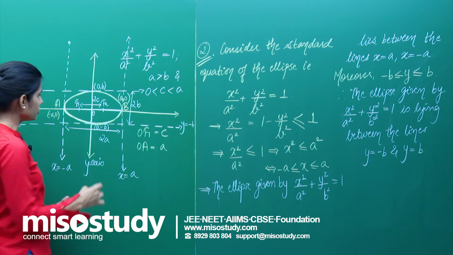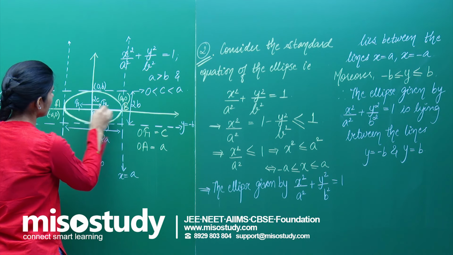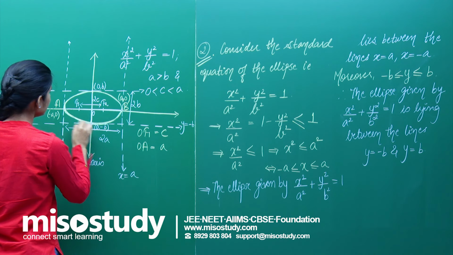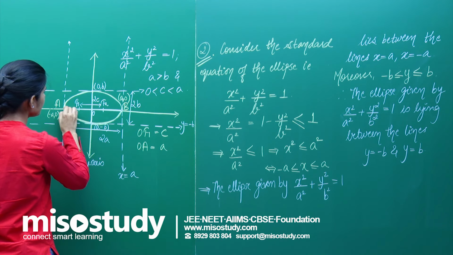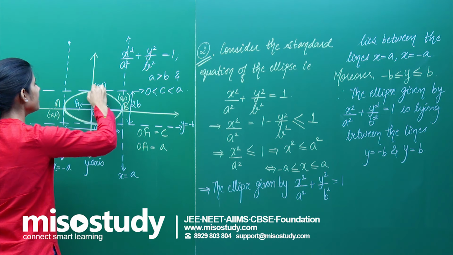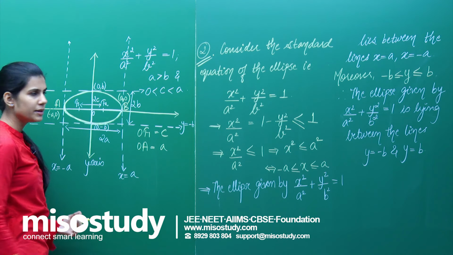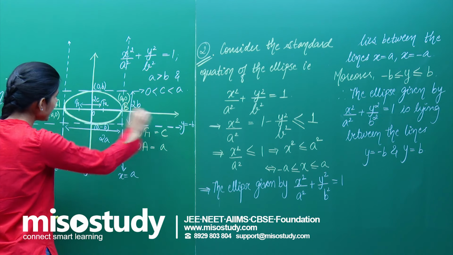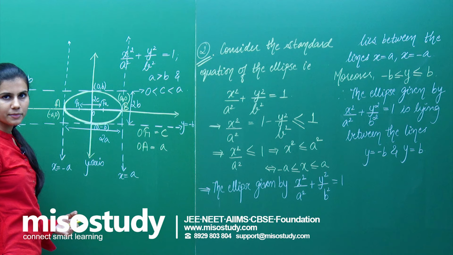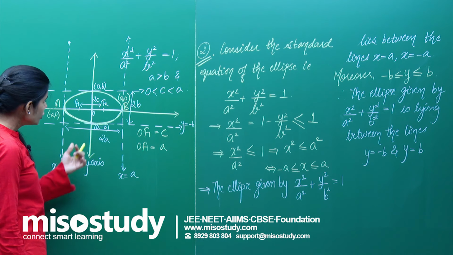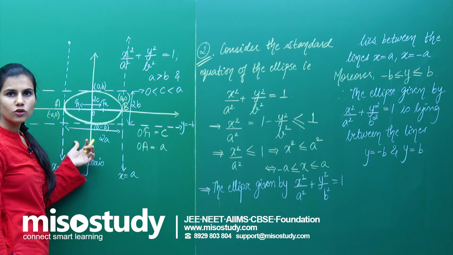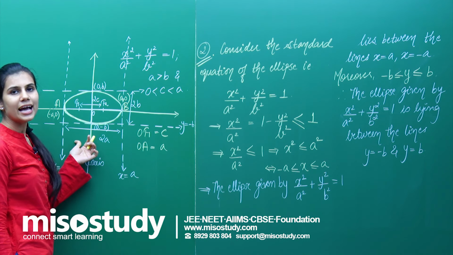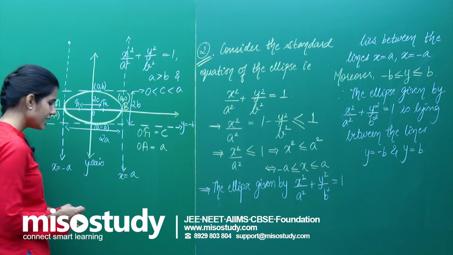Now change your perception. Focus upon the x axis now. Whatever is the portion of this ellipse on the lower side of the x axis, its exact mirror image, if you consider x axis as the mirror, is lying on the above side of the x axis. That means even x axis is acting as the axis of symmetry for this ellipse. So in the context of ellipse, I can always say that both x axis and y axis are the axis of symmetry for this ellipse.